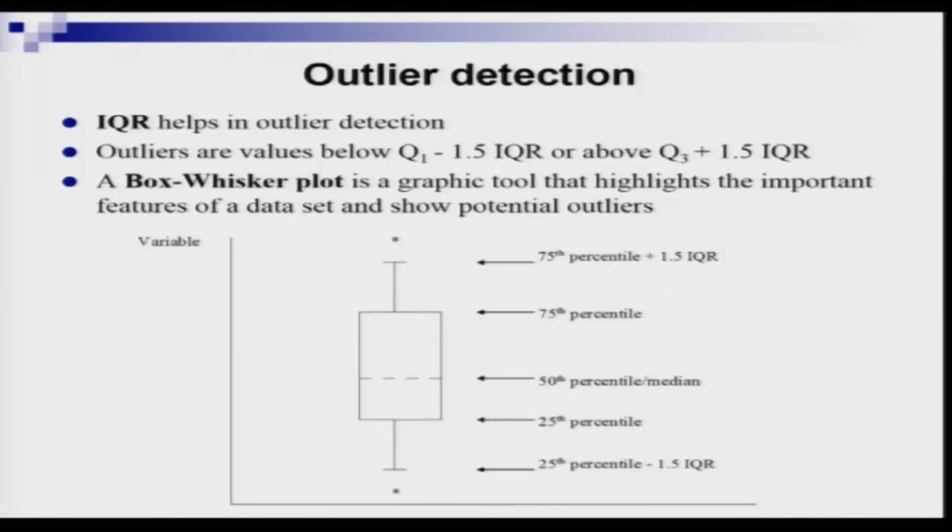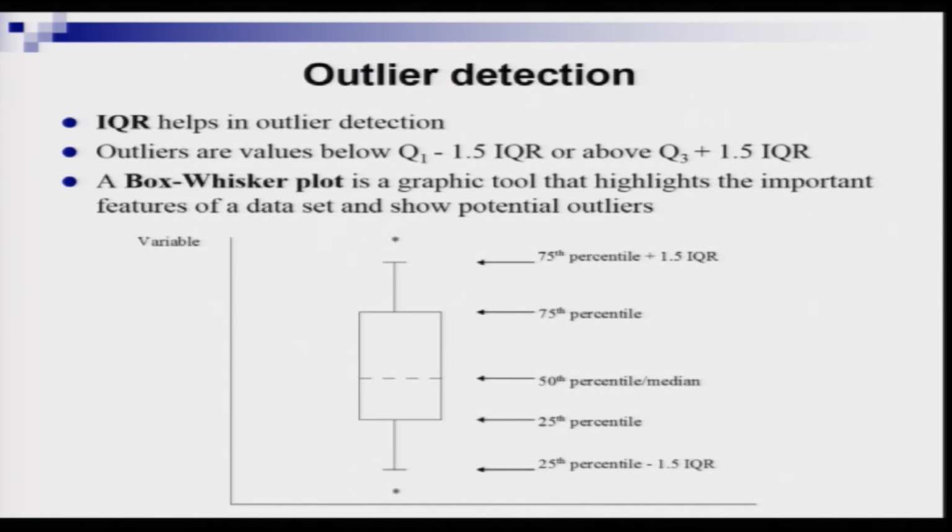There is a mathematical or statistical result which tells us that outliers are the values below Q1 minus 1.5 times IQR or above Q3 plus 1.5 times IQR. Okay. So, Q1 and Q3 are the first quartile values and the third quartile values respectively.